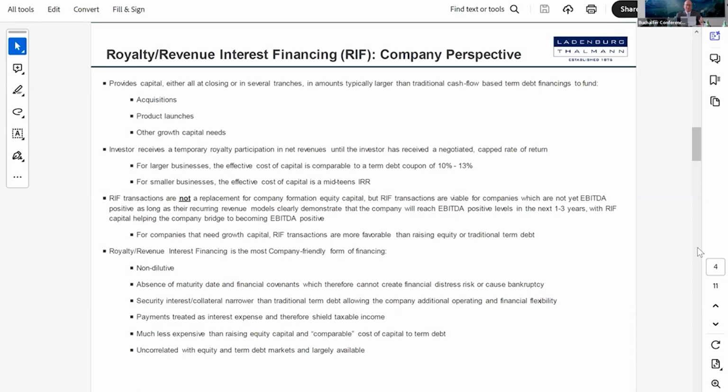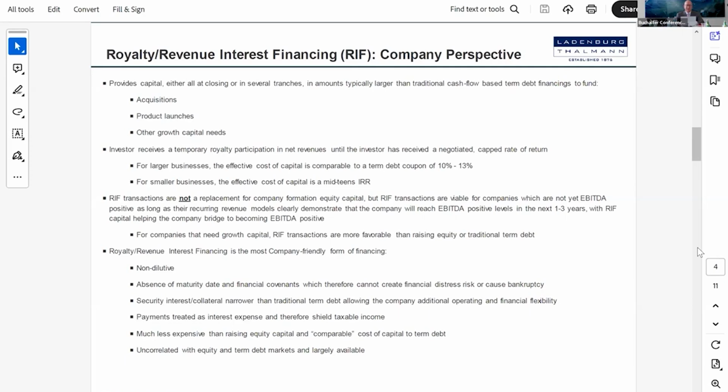The capital providers are not expecting to earn their return in 5 years, and so they might be expecting to earn their return over 7, 8, 9 years, and so they'll be willing to provide more capital than a term debt lender would provide. So first of all, this is available in larger amounts than term debt.